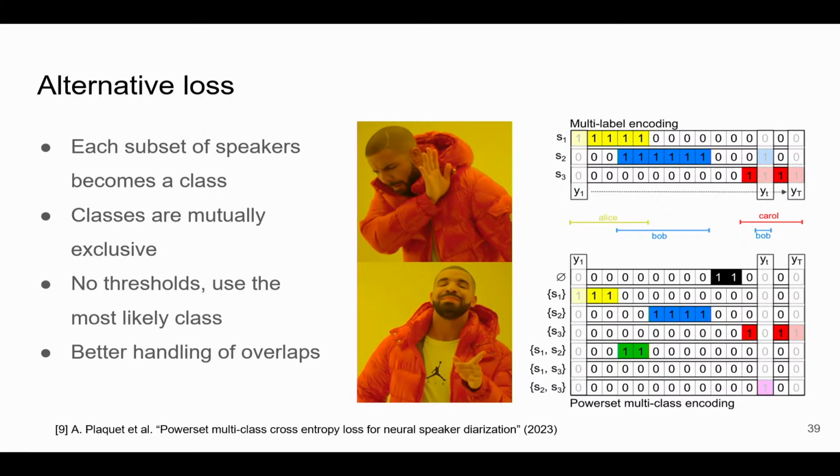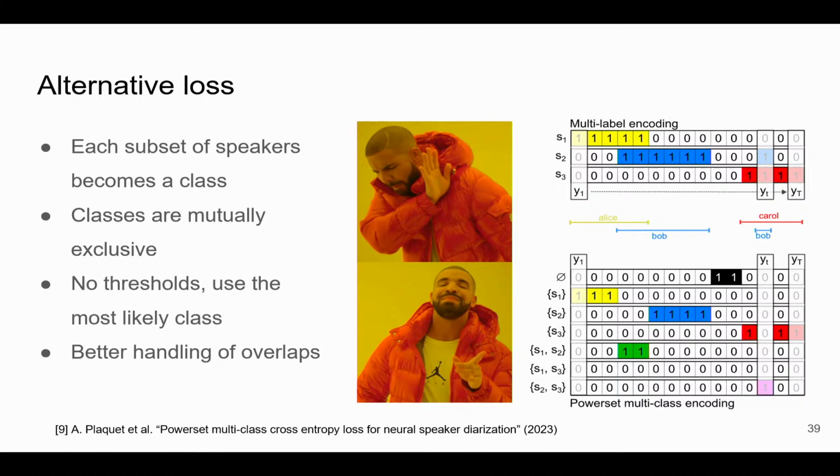So what they proposed over here is this power set multi-class cross-entropy. The idea is, instead of modeling that way, you would have one specific class for each kind of scenario for those speakers. So when there is silence, that will be one class.